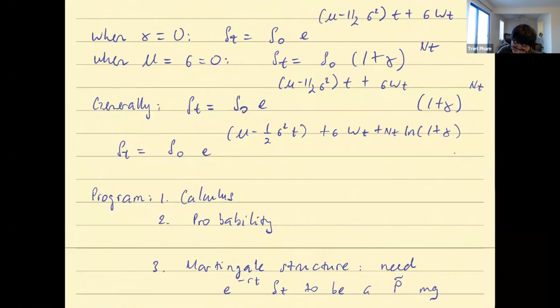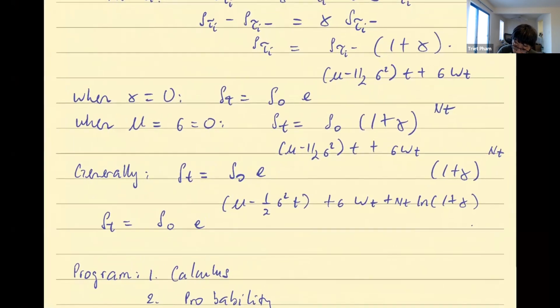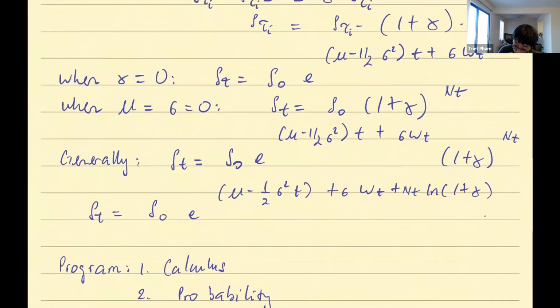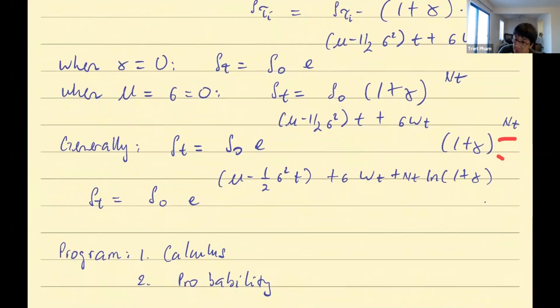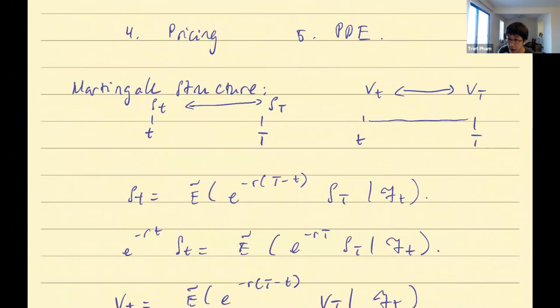Okay. If you just write down a model, the lesson from Black-Scholes is that if you just write down a model, discounting it is not a martingale.